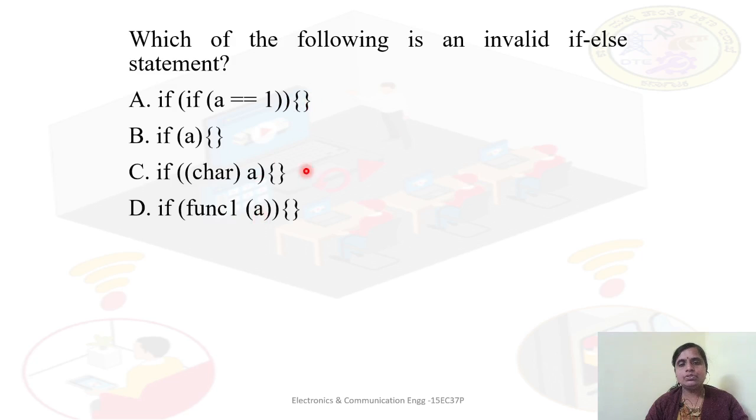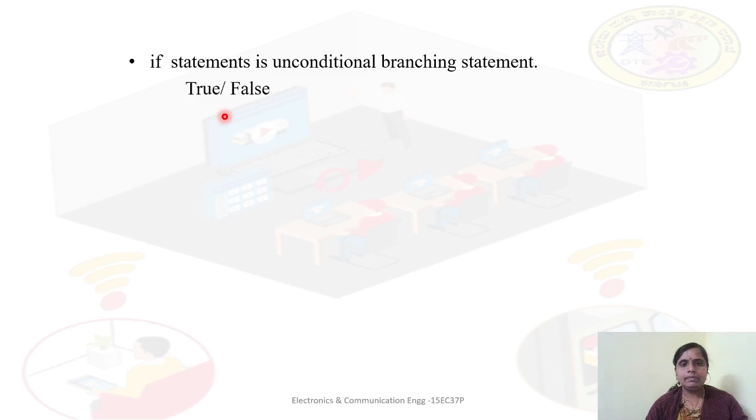In the very first question itself, we have seen that your if statement is going to accept a Boolean value before branching. So B, C and D give out Boolean values, but an if with another if as a test expression is wrong, it is an invalid statement. So your answer will be A. A is an invalid statement.